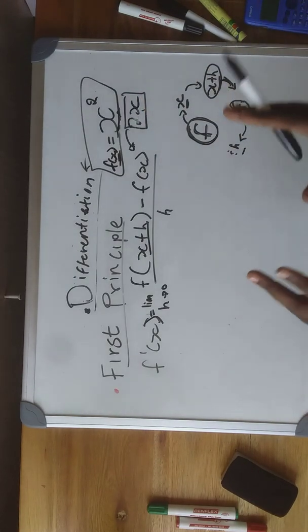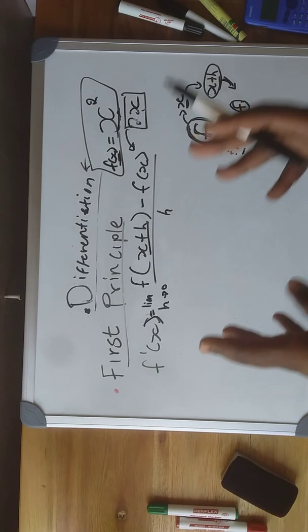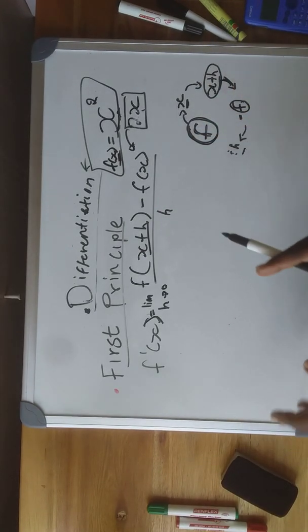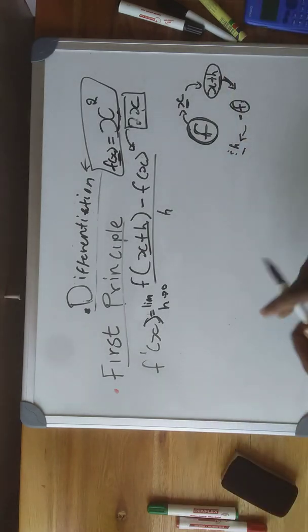Then at the end, you substitute h with 0 after simplifying, adding and subtracting like terms. Then you put h as 0, and you arrive at your answer.